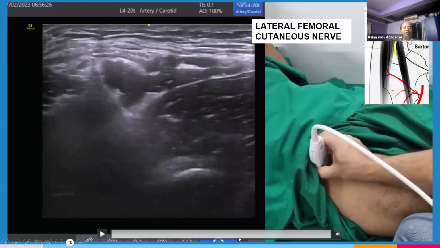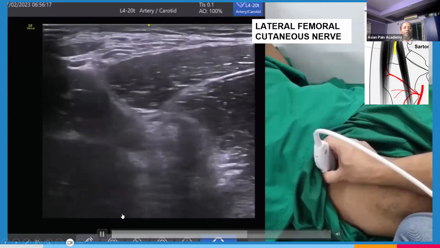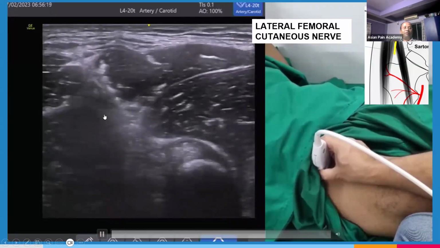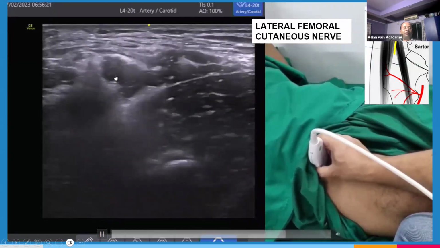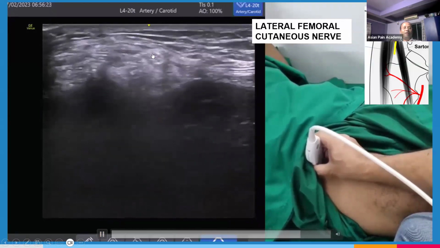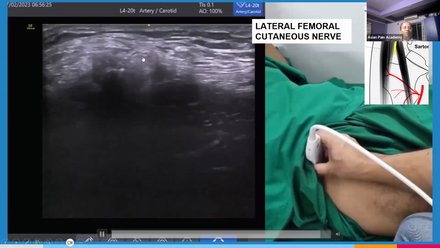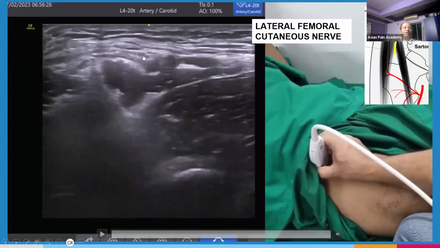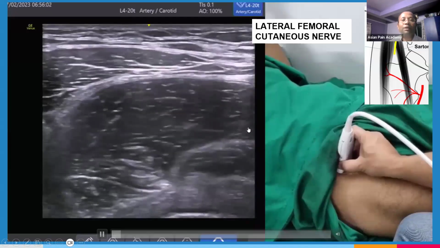This is the nerve, lateral femoral cutaneous nerve. So this one. Okay. So here you can see it is over the sartorius, not between these two. It is over the sartorius. You have to search for it.